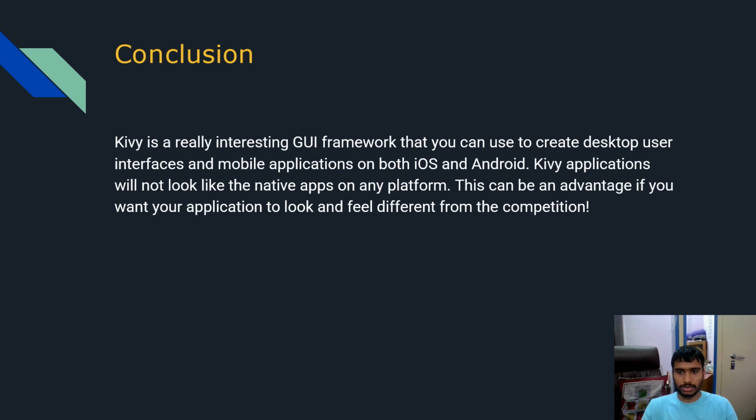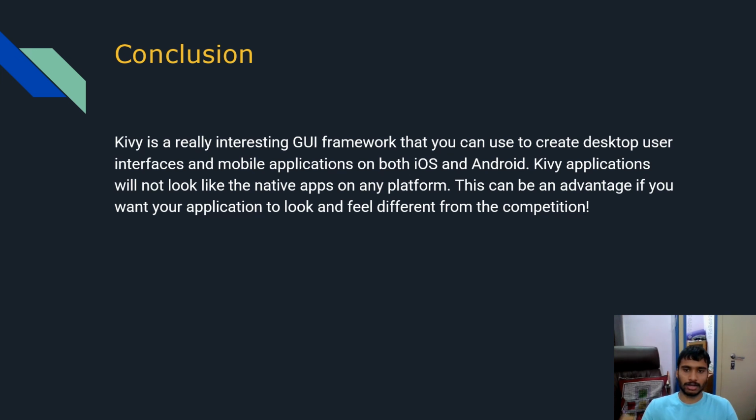So it has many uses, many properties, many features. If you use Kivy for your mobile application, to build your mobile app, it can run on iOS and Android. This can be an advantage if you want your application to look and feel different from the competition.